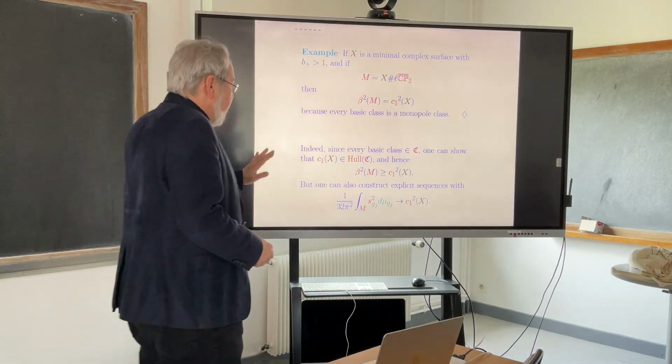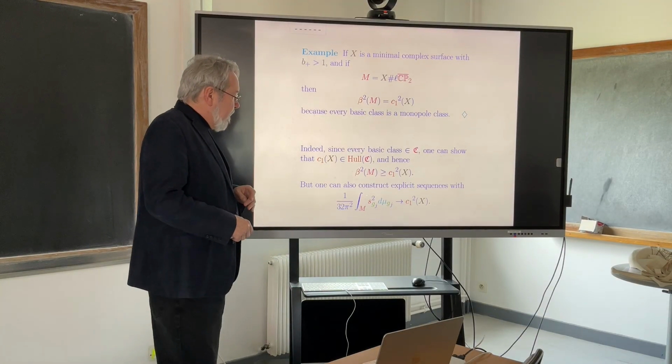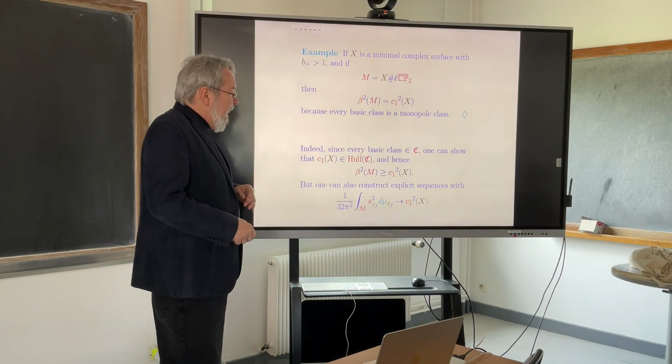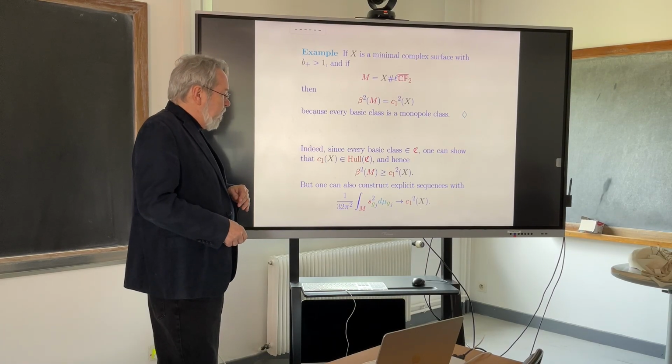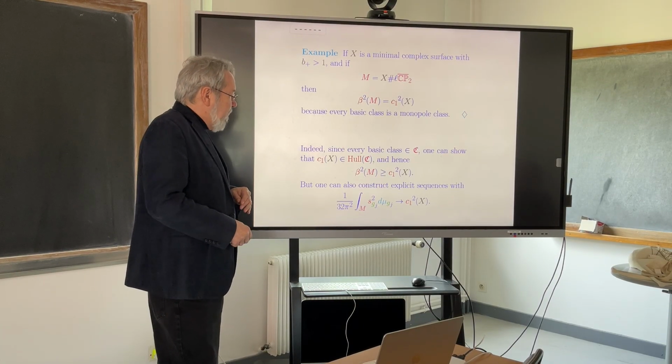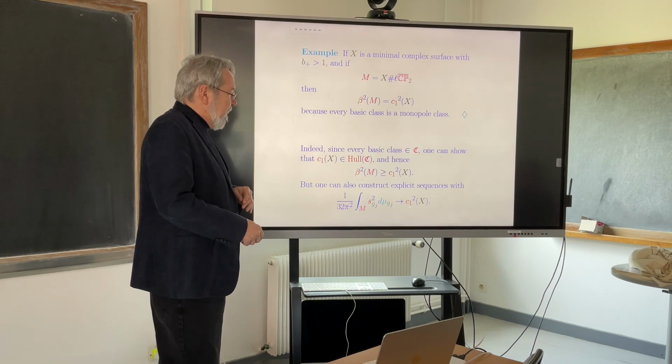So this is not a completely trivial construction. If X is a minimal general type complex surface with no -2 curves, what you would do is just take the Kähler-Einstein metric. You would get that this is exactly that.